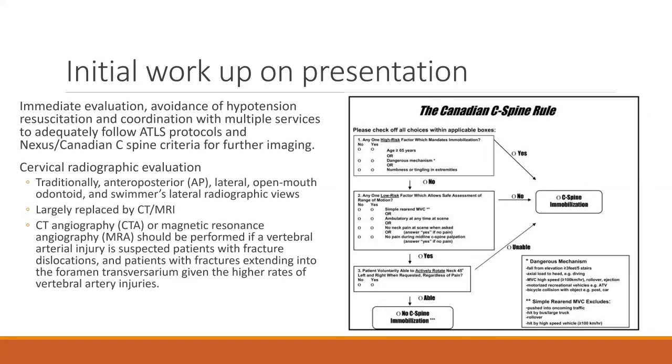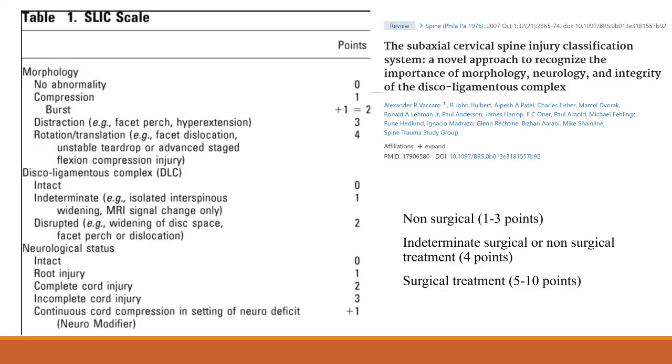The Canadian C-spine rules listed here show a flow diagram of high and low risk factors to determine whether the C-spine should be cleared, and the role for additional imaging, which will generally consist of an initial AP and lateral x-rays followed by a non-contrast head CT, with consideration of an MRI and CTA versus MRA following further evaluation and resuscitation. Following the acquisition of the appropriate imaging and evaluation of the patient's neurologic status, for those with evidence of subaxial injury, the decision then focuses on the role of conservative versus surgical intervention.